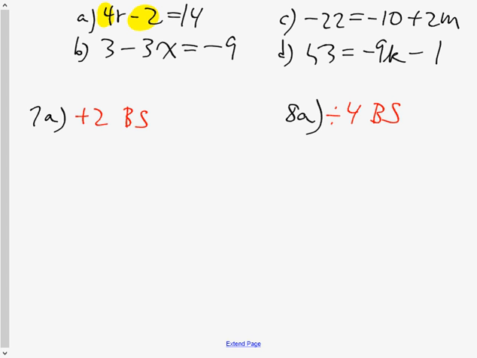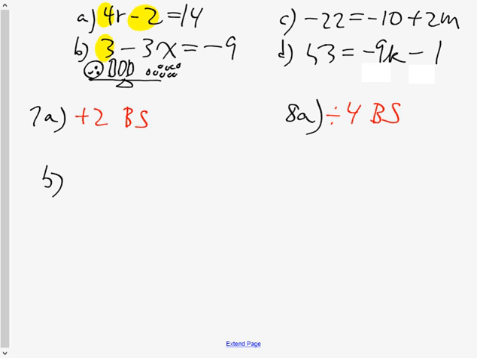In question B, the first thing I want to get rid of is my constant. That's this 3 here, isn't it? Even though a lot of people think it's the minus 3, that 3, if I was to draw it, would be my constant. We sometimes see it better if we draw it. So 3 and negative 3x equals negative 9. If I drew it with integer chips, I can see that the 3 is my constant.